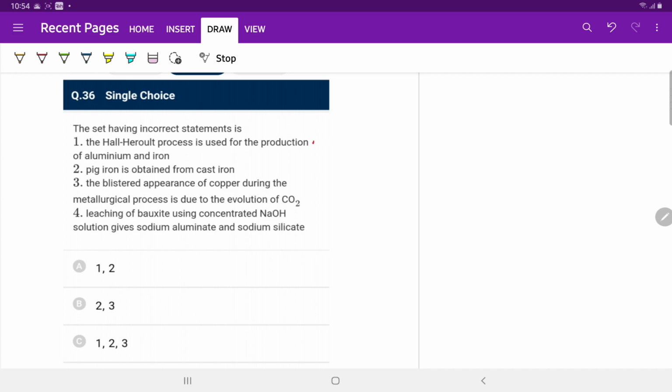No, cast iron is obtained from pig iron. This is incorrect. The blistered appearance of copper during the metallurgical process is due to the evolution of SO2. No, CO2. Incorrect. Leaching of oxide using concentrated NaOH solution gives sodium aluminate and sodium silicate. Yes, this is correct. But in the question, they are asking for the incorrect statement. So 1, 2 and 3. So option C is correct for question number 36.